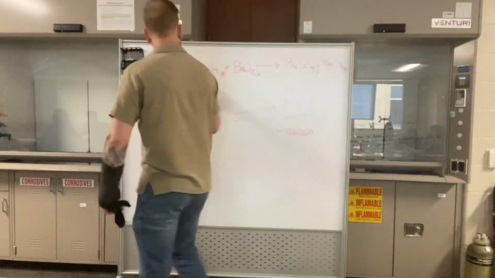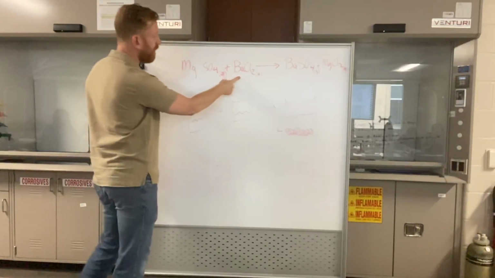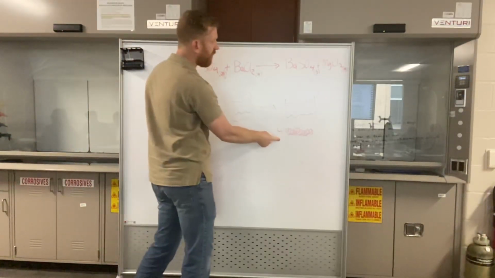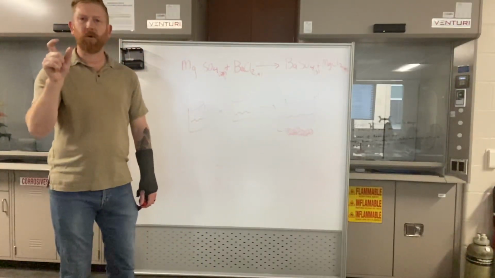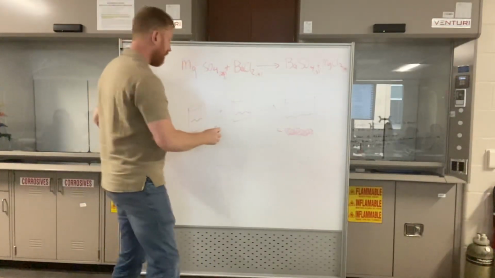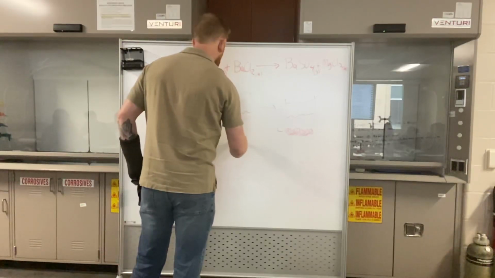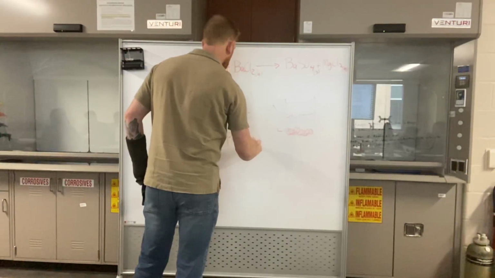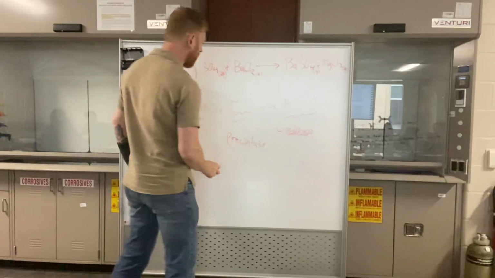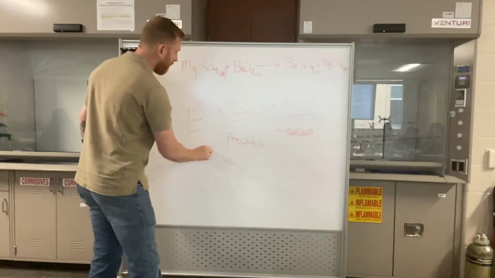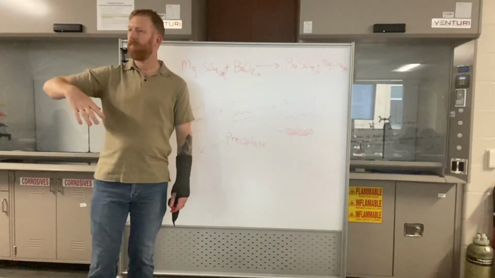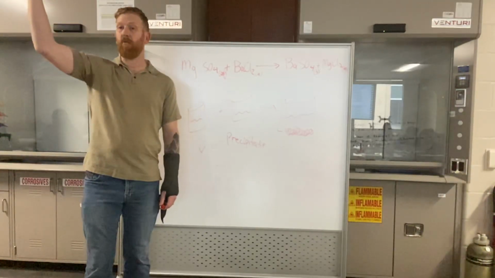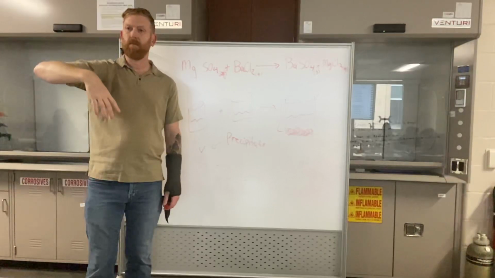So we dissolve magnesium sulfate, we dissolve barium chloride, we mix them together, and we get a precipitate. I always distinguish these 2. It's the same word twice. As a verb, barium sulfate is precipitating. When we have rain, that's called precipitation.